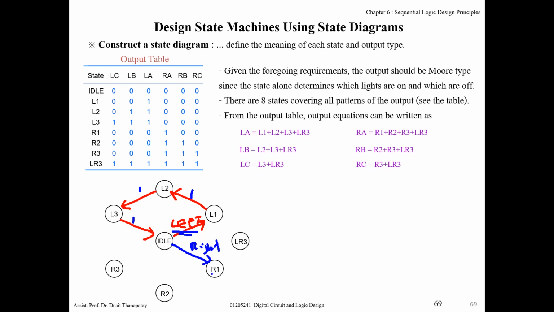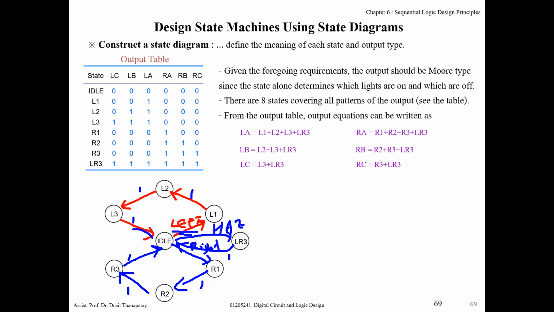When clock ticks, go to R2. When clock ticks, change to R3. When clock ticks, back to idle. The condition is 1 on 1. And if input hazard is active, it goes to LR3, and maybe back to idle.